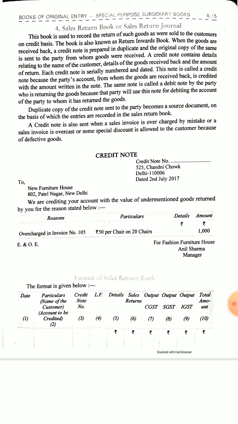And the book in which we regularly enter this sales return by the debtors of ours is called the sales return book. So a credit note is applicable in case of sales return book.